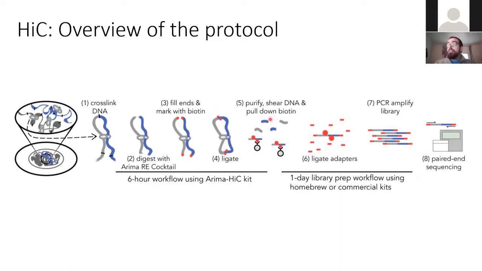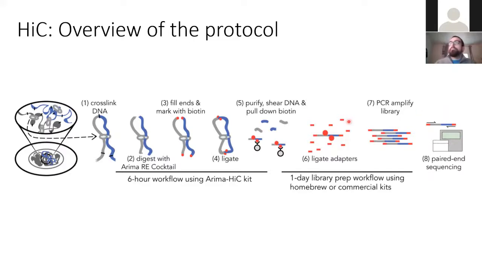So when you shear it with sonication and you pull down the mark, you end up with fragments where one end is somewhere on your genome, and the other end is somewhere else on the genome that was physically close to the other place. So then you sequence it, you map it, and you know which segment of your genome was close to which other.